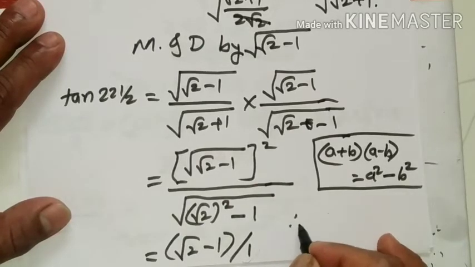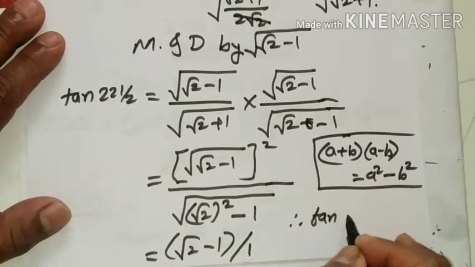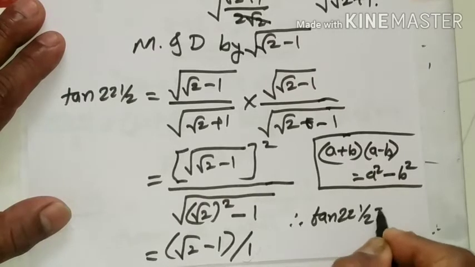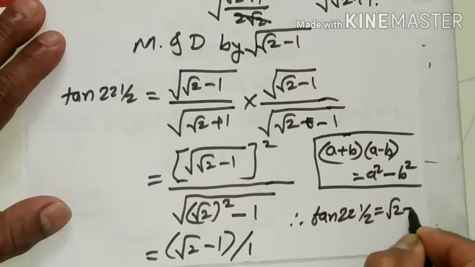Therefore tan 22 and half is equals to root 2 minus 1.